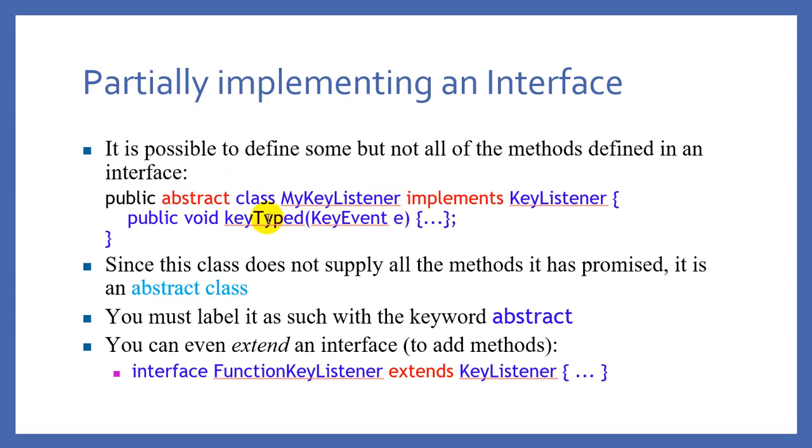Now in that case, if you have declared it abstract, then you can define any number of the functions, so it is not mandatory for you. Since this class does not supply all the methods it has promised, it is an abstract class. You must label it such with the keyword abstract. So you have the liberty to define 1 function, 2 functions, or any number of the functions belonging to this interface, KeyListener.